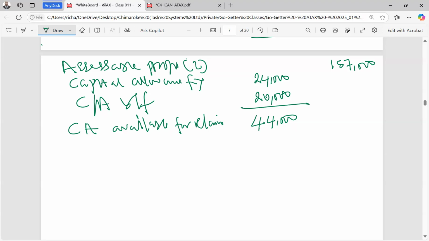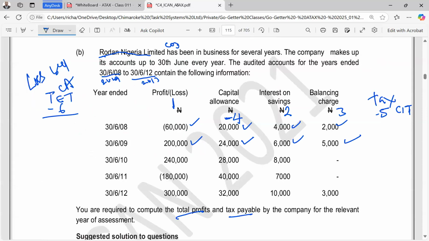Now, how much capital allowance can you claim? So I will say capital allowance relieved or claimed. Now, the thing is, we said for capital allowance, if a business is a manufacturing business or agriculture business, you will not do restriction.